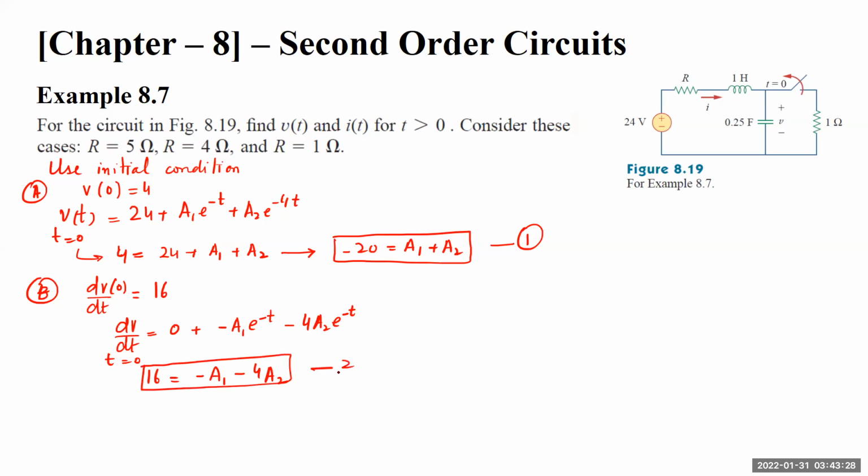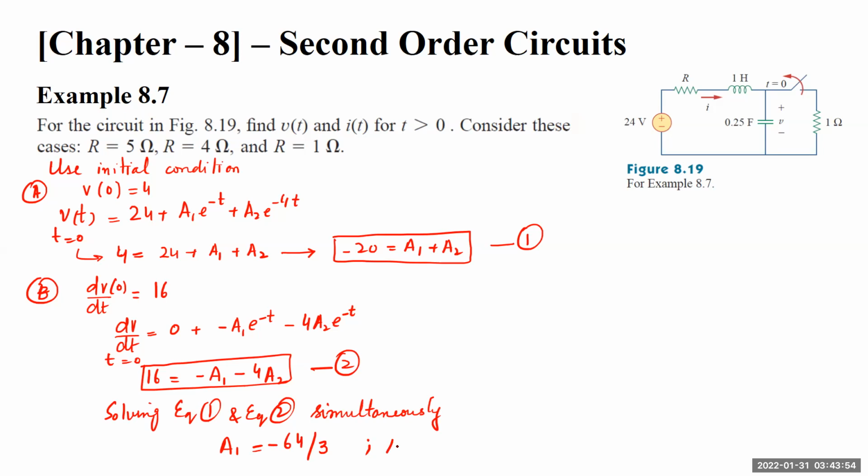Now solving equation 1 and equation 2 simultaneously, we get A1. I leave the solving of these simultaneous equations for you to do yourself. A1 becomes 64 by 3 and A2 is 4 by 3.